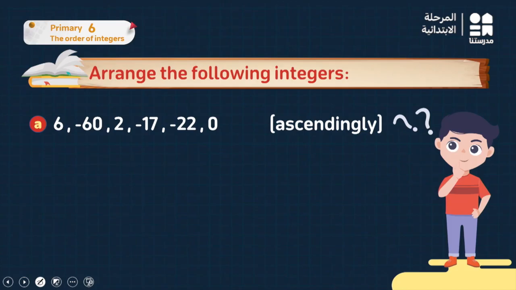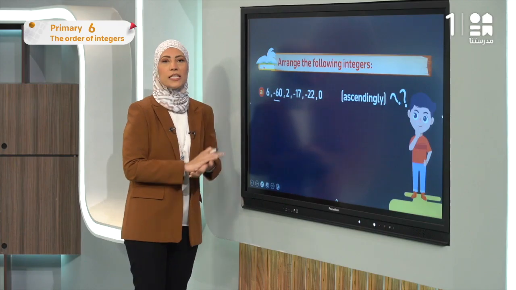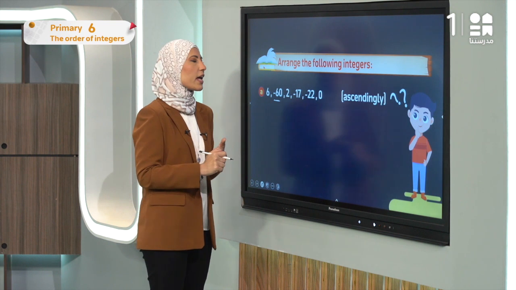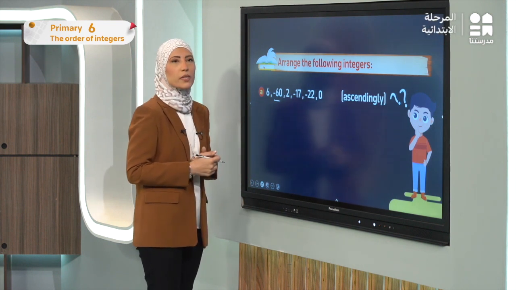Let's see: 6, negative 60, 2, negative 17, negative 22 and 0. So I start from the smallest integer. The smallest integer I have here is negative 60, of course. So I will start from negative 60.